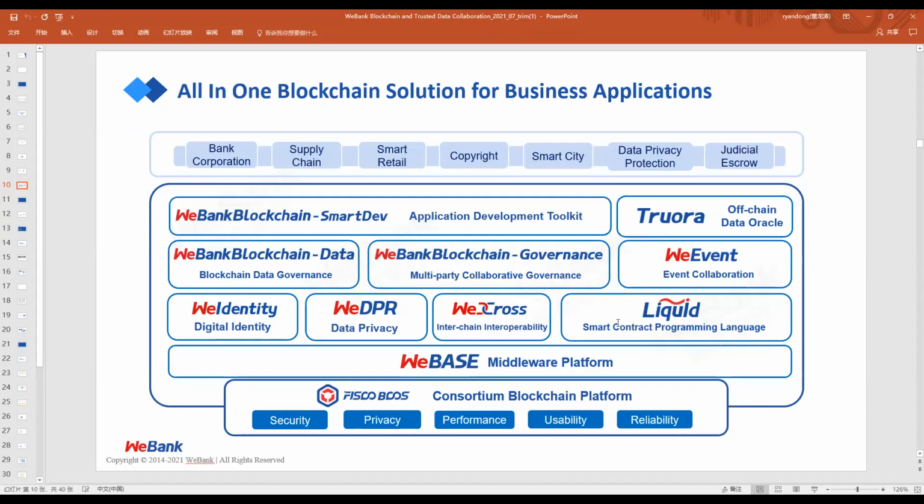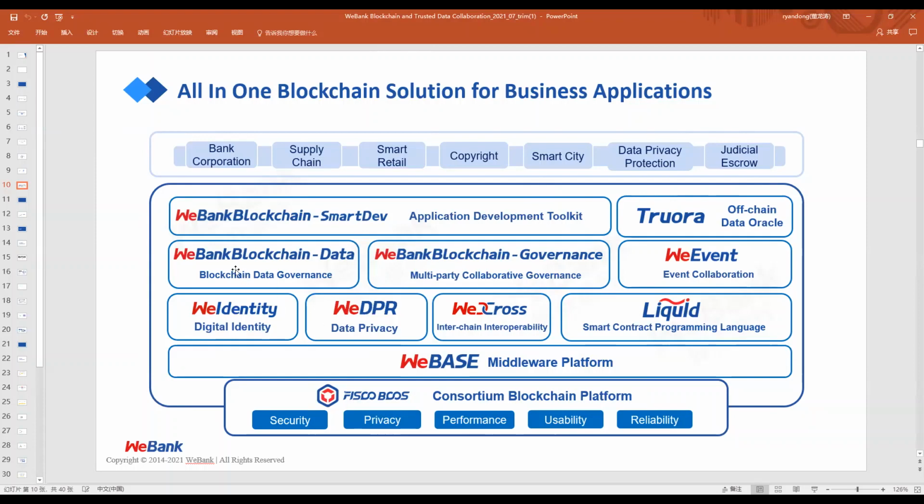Also, there is Liquid, the smart contract language, which is more like Rust. If you're familiar, Rust is a new type of system language, and we believe it has very good safety features to help us write more secure smart contracts. The compiler can also do a lot of checks for you.